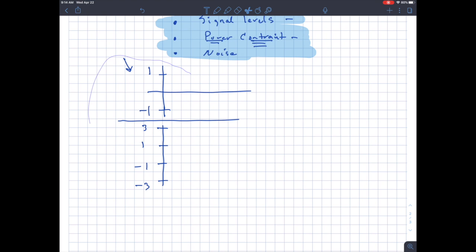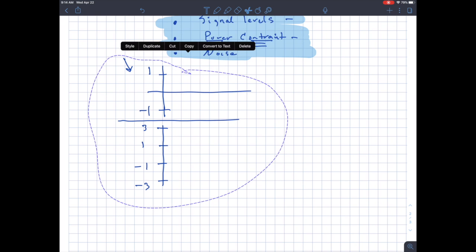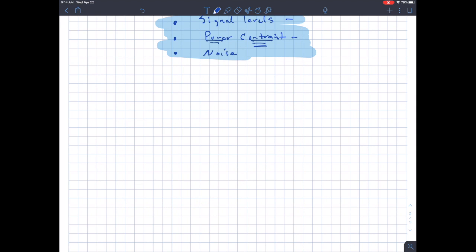Let me get rid of this. Let's say we had 2 levels, spaced apart by d. Then the power of this would be d over 2 squared plus d over 2 squared, and you would be able to calculate the power associated with using just 2 levels.